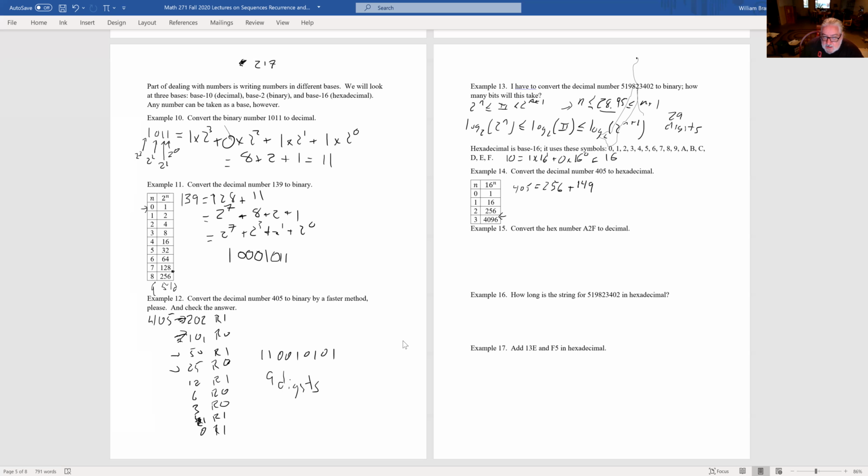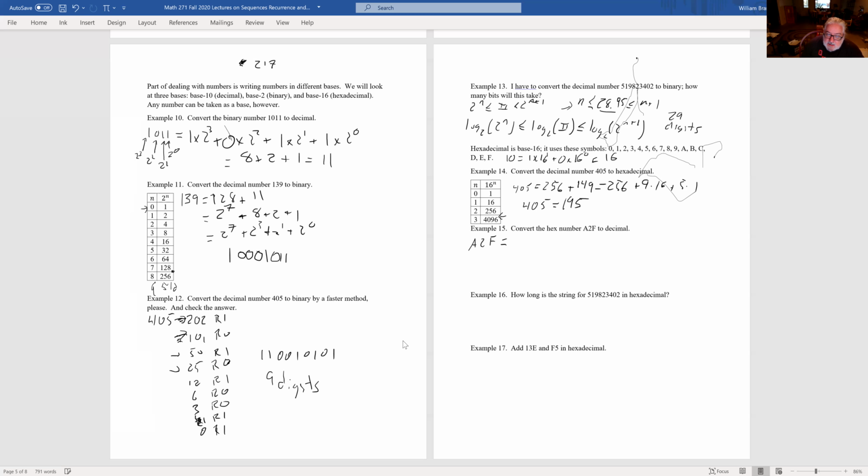So we want to write 149 as something times 16 plus something, and 149 is 9 times 16 plus 5 times 1. Great, so what have we got? 405 in decimal is 1 times 16 squared plus 9 16s plus 5 times 16 to the 0. So it's 195 in hexadecimal.